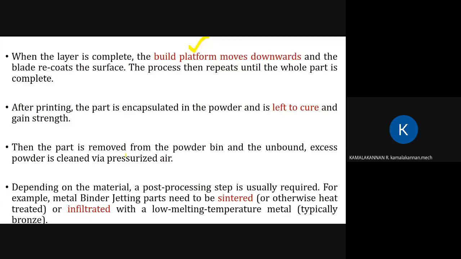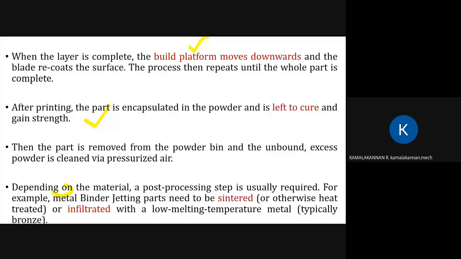Then the process will be repeated layer by layer until the solid object gets completed. Once the printing is over, the part is encapsulated in the powder and left to cure and gain strength. Here the material won't be taken immediately from the build platform.